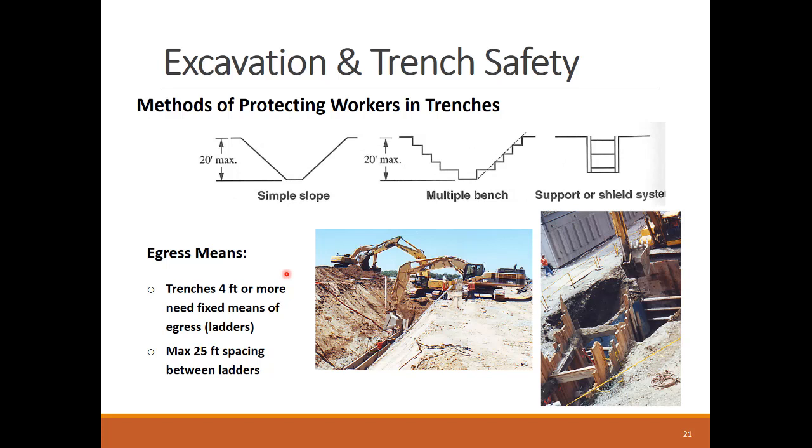This is done by allowing the soil to take its natural slope, forming slopes in benches, or using trench boxes in tight sites with vertical trench walls. OSHA also calls for specific egress requirements for the workers inside the trench in terms of the existence of ladders and their spacings.